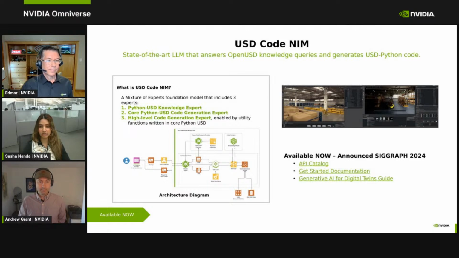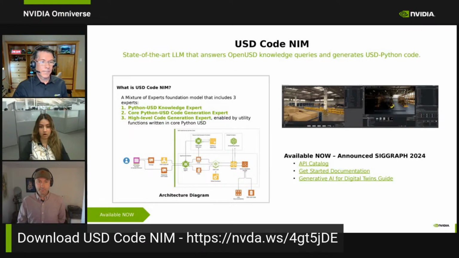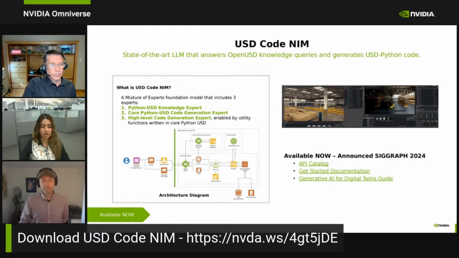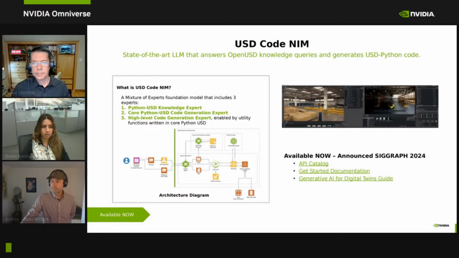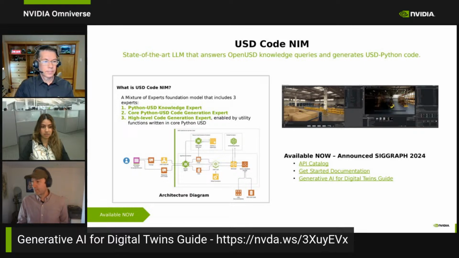And it's also integrated into a pretty comprehensive virtual factory integration workflow guide that, for those of you that were on here during the previous live stream, my colleague Alex actually went through. And I think that's a great way to put USD Code into practice and see how it works for a larger workflow.